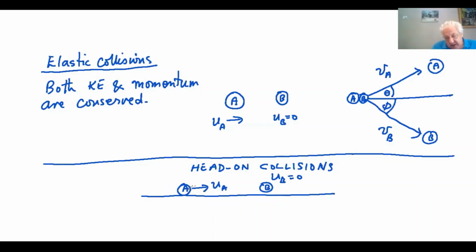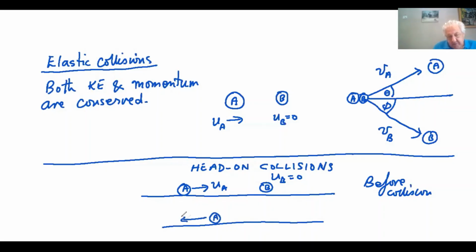In this case, if they hit each other head-on, then the motion after collision will be along the horizontal. The chances are that ball A will bounce off ball B, and so its direction after collision, VA, will be opposite that of B, VB.